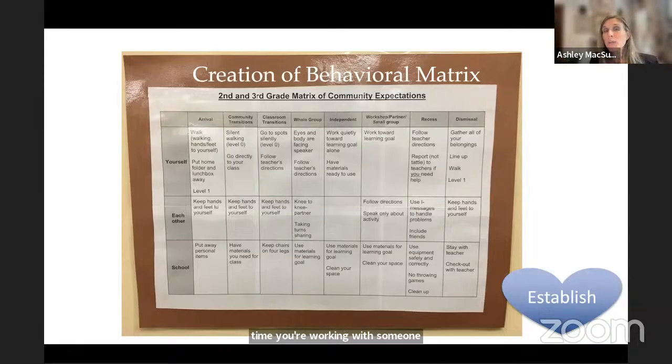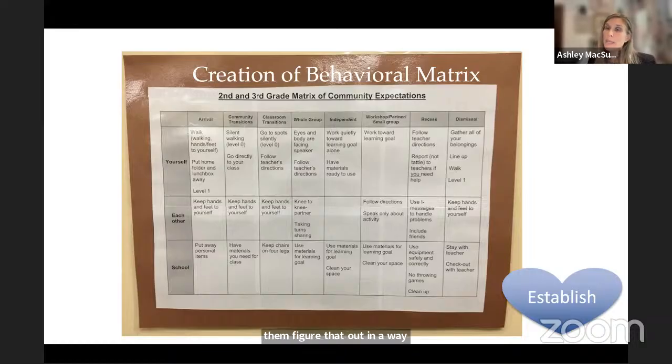For each one of those different settings, that's what they landed on as the most important things. We projected this up, and I paired teachers together, one from 2nd grade and one from 3rd grade, and they had 2 columns each that they filled in. Then we looked at it as an entire group and talked through it.